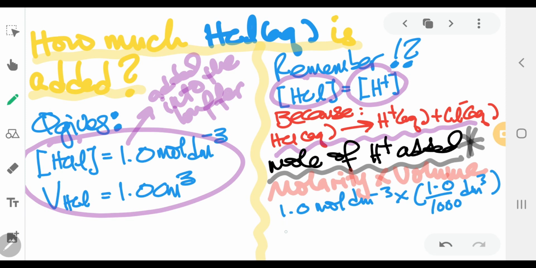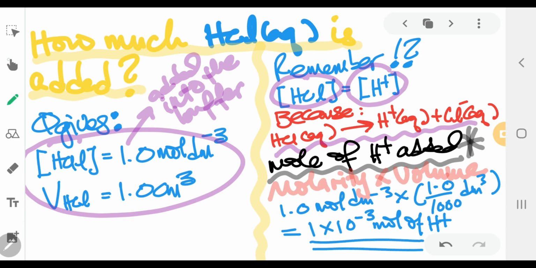And the mole of H+ would be 1 times 10 to the power of -3 mole of H+. So that is how much H+ is added into the buffer. By finding this, you'll get another 1 mark.